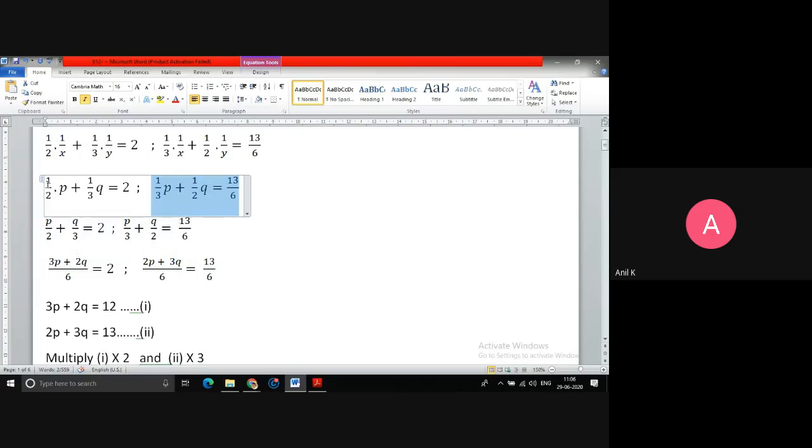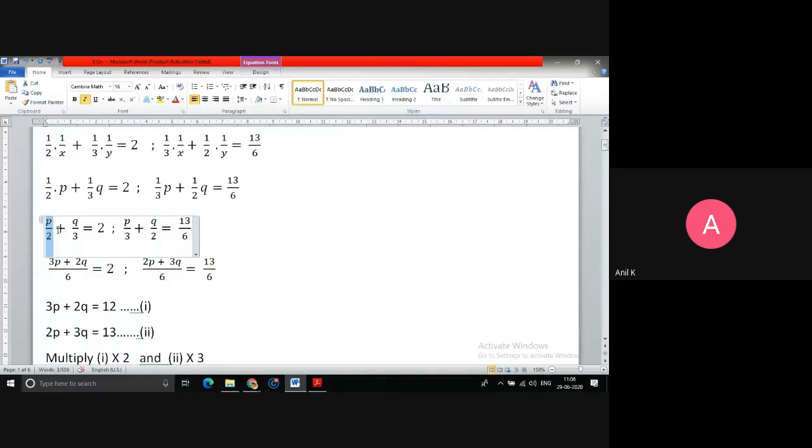Now here you see 1 by 2 into p can be written as p by 2. Next, 1 by 3 into q can be written as q by 3, which equals to 2. Similarly, here also it will become p by 3 plus q by 2 equals to 13 upon 6. That's what I have written here.